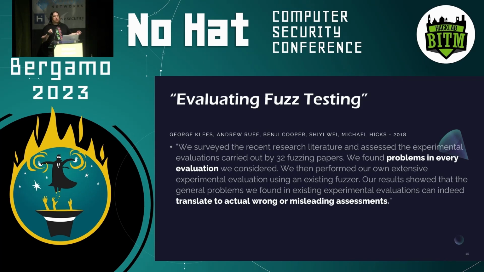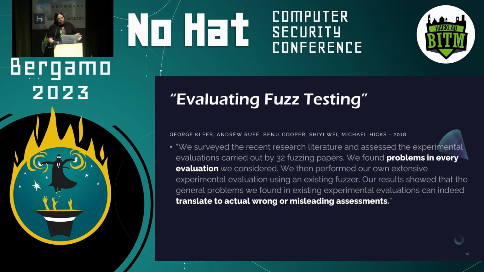Fuzzing is a complicated interaction between several components, and so it's hard to really determine that your change and your innovation is causing a significant impact. That really comes down to not having good evaluation criteria.